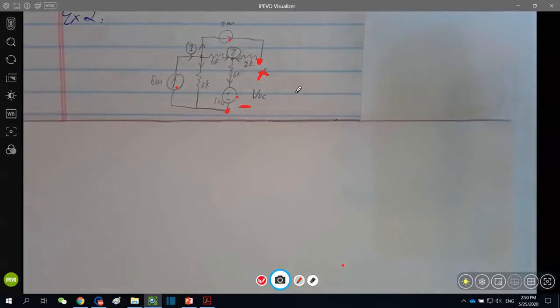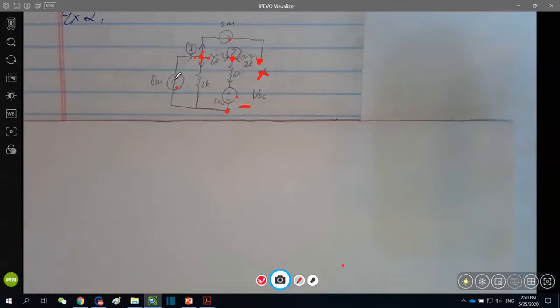So I'm applying a nodal analysis by choosing two nodes up here and here. Two nodes, I call them 1 and 2 respectively, to write two KCL equations. At node 1 here, I can see there are 4 currents involved, and 2 of them are given current sources.